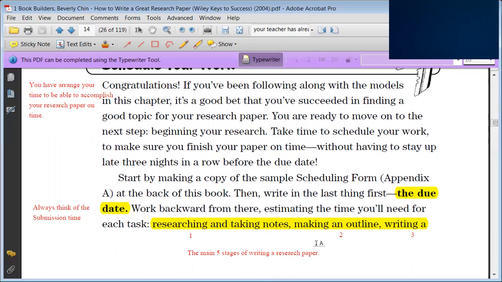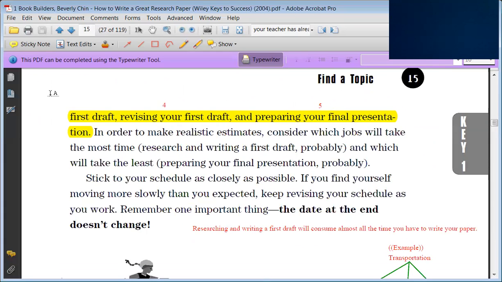The first one, as you can see, the numbers, researching and taking notes. This is the first stage. And then making an outline or a plan. This is the second one. Writing a first draft. Revising your first draft. And then preparing your final presentation.